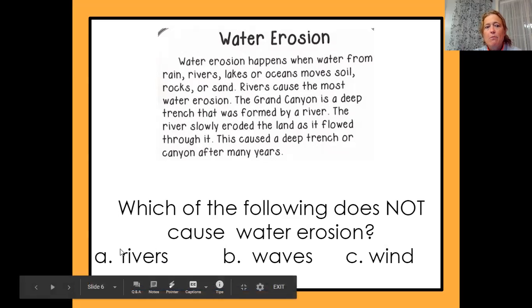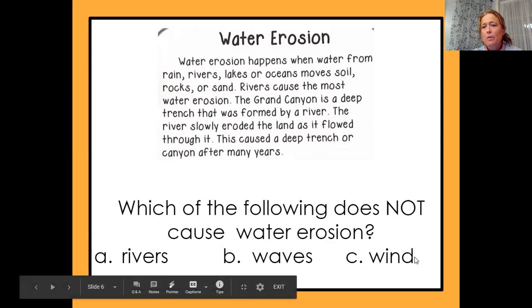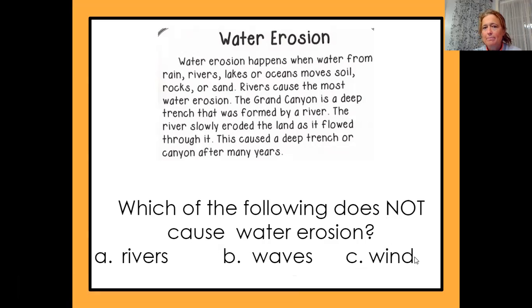So it can't be rivers, because rivers would cause erosion because it's water. The answer can't be waves because waves are water, okay? And wind is not water. So the question asks, which of the following does not cause water erosion? And so the answer would be wind.